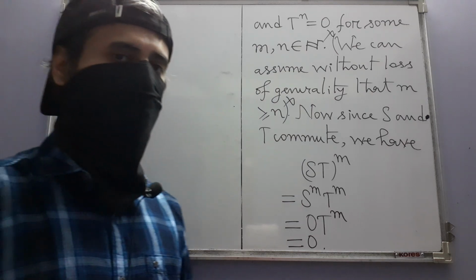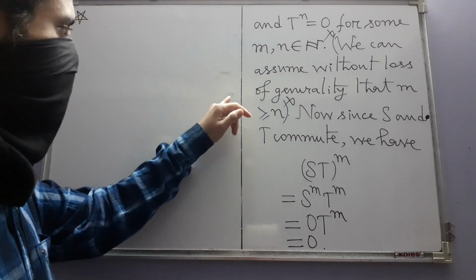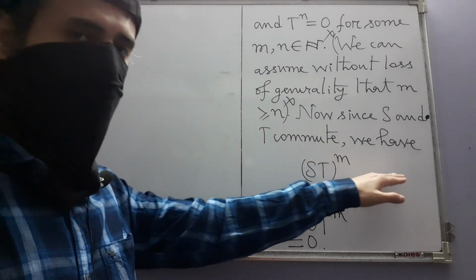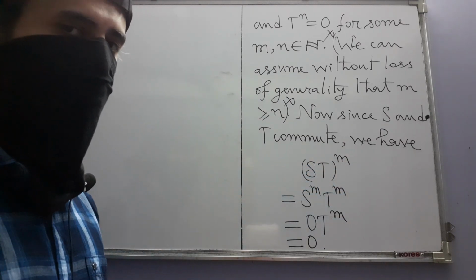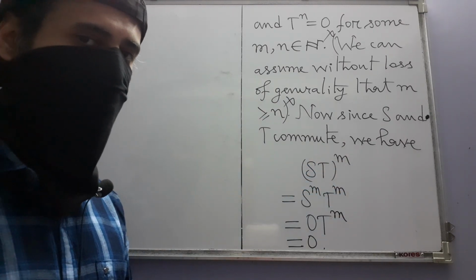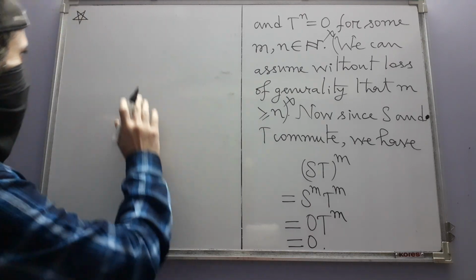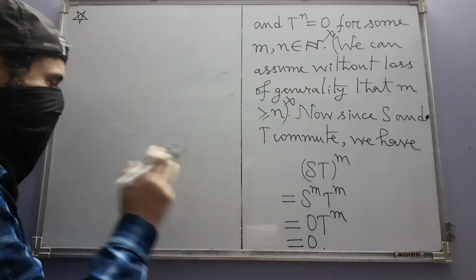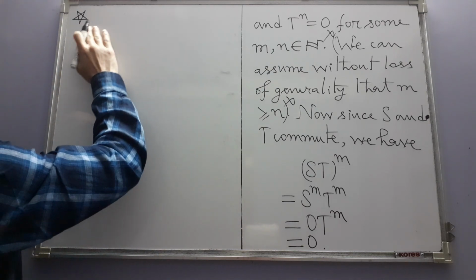Next, we have to prove that the sum is also nilpotent. Now here, however, the exponent we have to choose a little carefully. We cannot just simply take m or n and expect it to work. Again, the fact that S and T commute will be useful here as well.